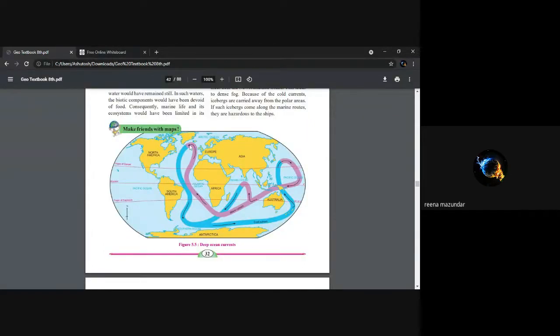Why is it called thermohaline? Because of the continuous movement. Moving from the equator, coming towards the pole, going down towards the pole in the southern hemisphere, and then again moving from Tropic of Capricorn to Tropic of Cancer again. So this circulation of the water goes on continuously.